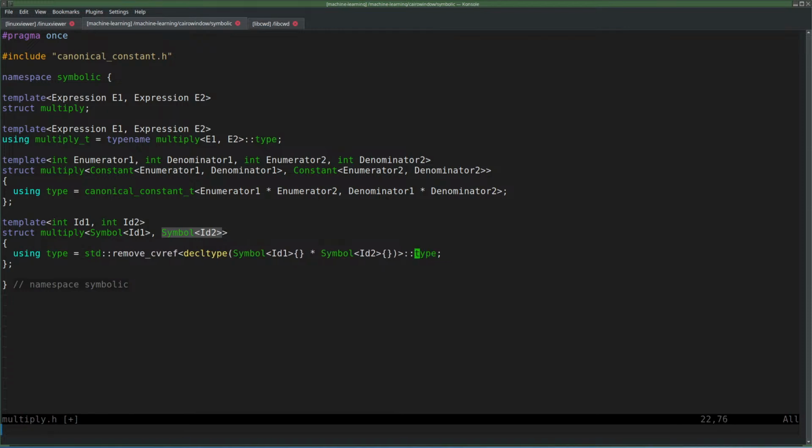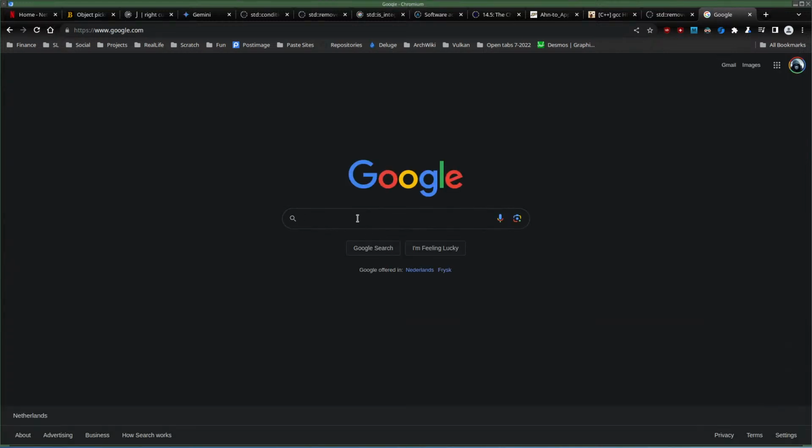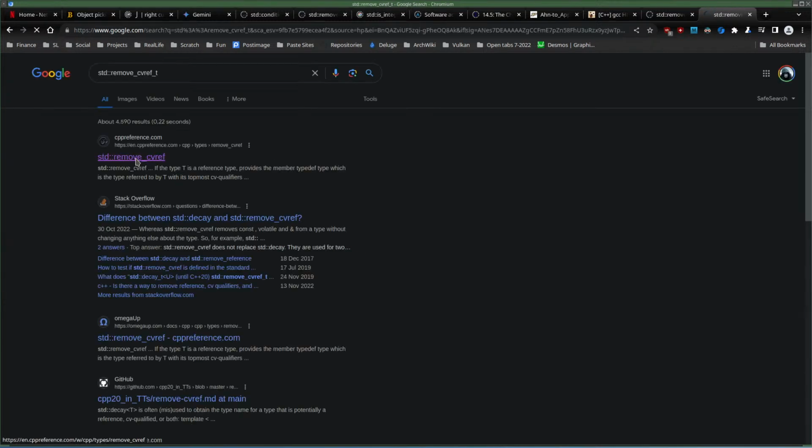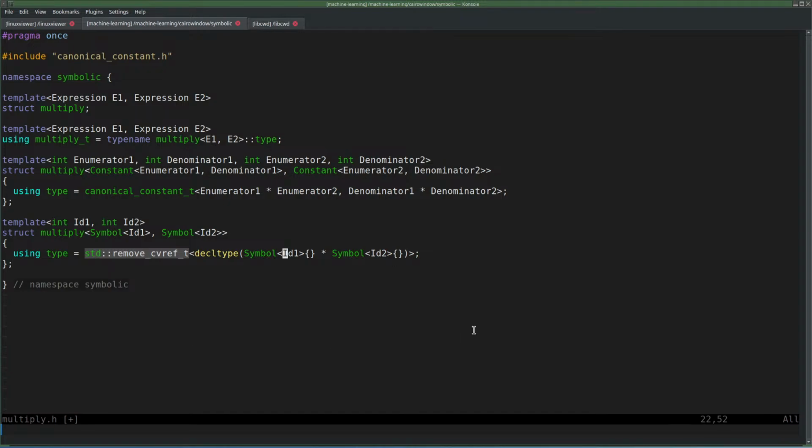No, the whole type is. Surely this one has an underscore t version. But let me see if I got that one correct. Yep, so this one. Okay. That removes constant, volatile, and reference and everything. We no need if they are there.